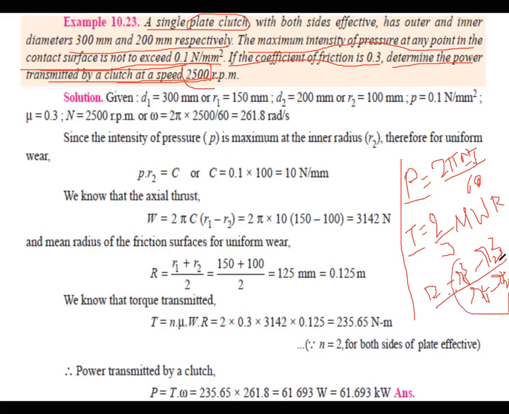So R1, R2 are here already given, outer radius and inner radius. Diameters are given, diameters converted into radius. That's all. So once you calculate R, substitute over here, then you know the T, then substitute the T value over here, then you know the power. Same thing, that is the only thing done here, right?